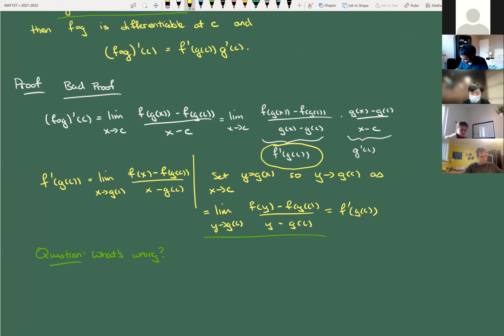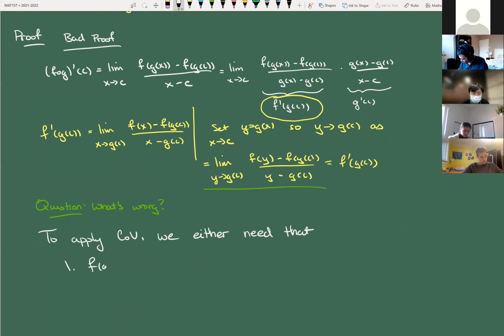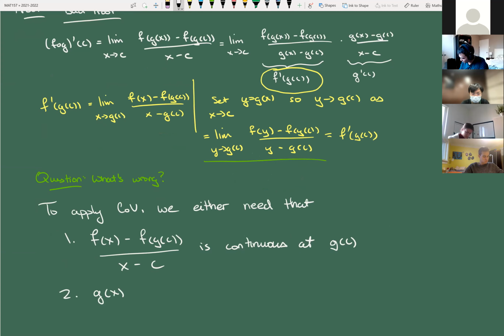So to apply the change of variables, we either need one, that f of x minus f of g of c divided by x minus c is continuous at g of c, or two, g of x does not equal g of c for all x near c, right?